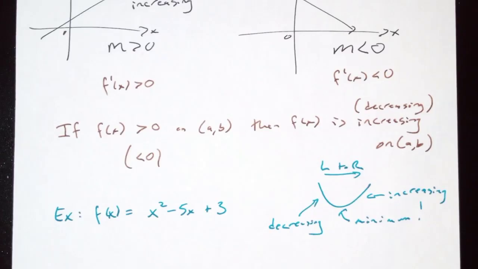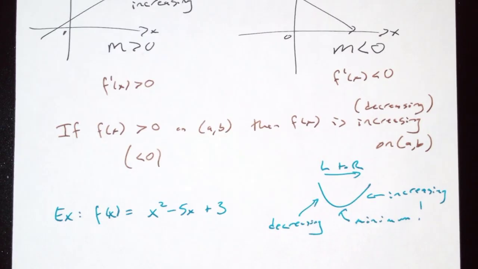What's Fermat's theorem say? If there's a local extremum at x equals c, then the derivative is equal to zero. The derivative is zero there. So I can find this spot by finding where the derivative is zero. And that means that everywhere else, the derivative is either positive or negative, right?